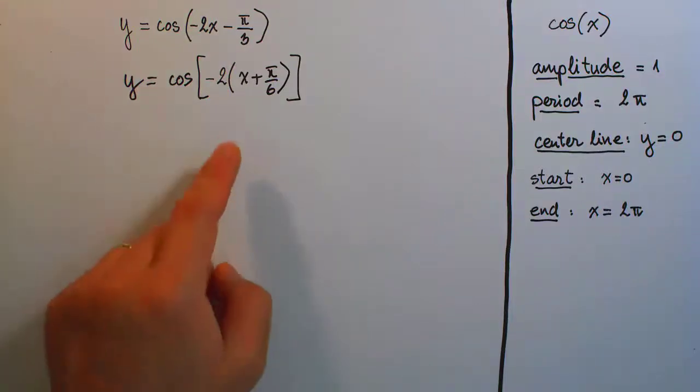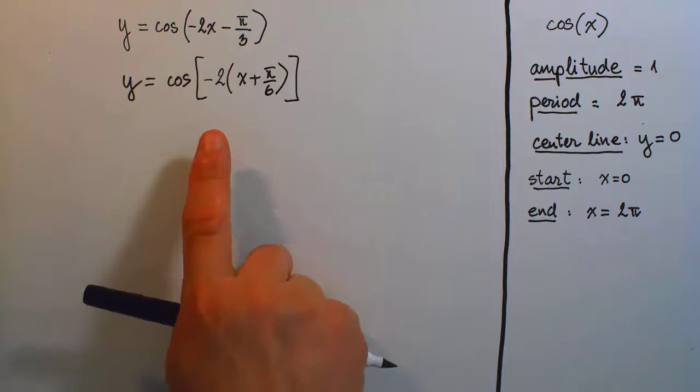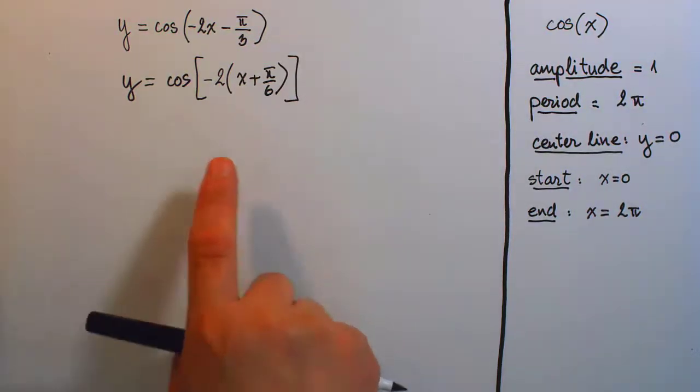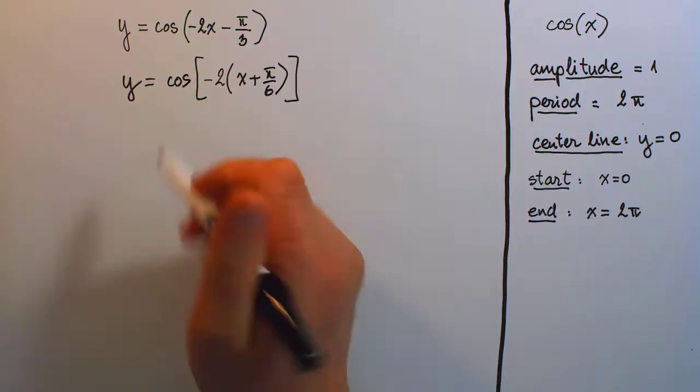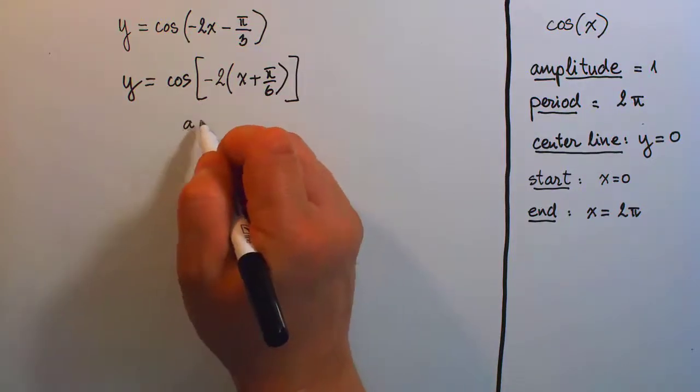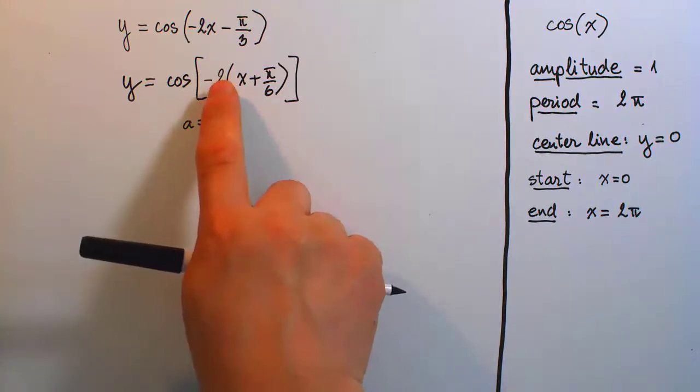All right, so recall from our learning on the elementary transformations applied to a trig function, this -2 in front of the parentheses can be thought of as an a value, with +2 and -2 being a -a.